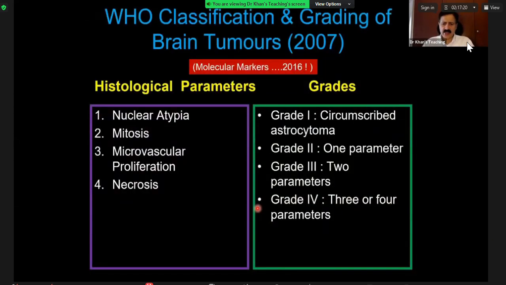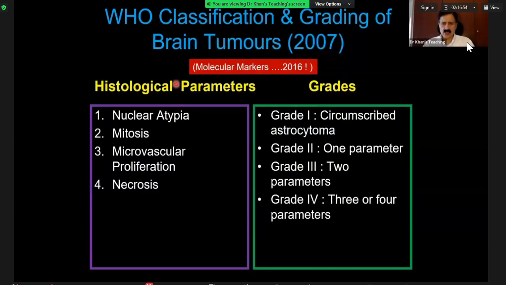Just a bit of recap of the basic concepts of brain tumors. There are 4 histological parameters. This is the WHO classification of brain tumor 2007. It was upgraded in 2016 where they use molecular markers. Most of the people, particularly people like myself, I don't work in a neuroradiology setup.